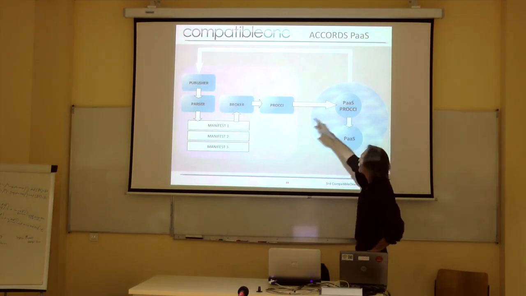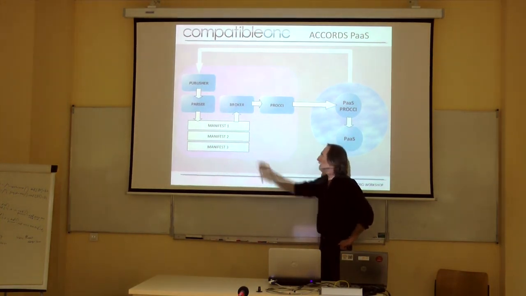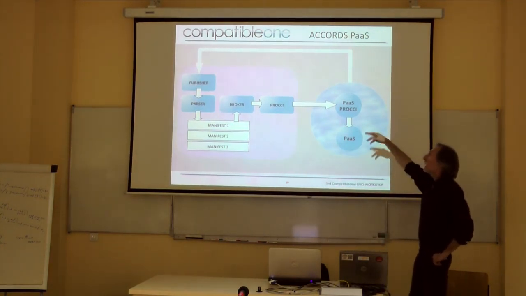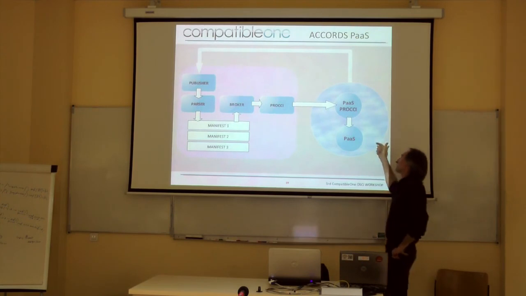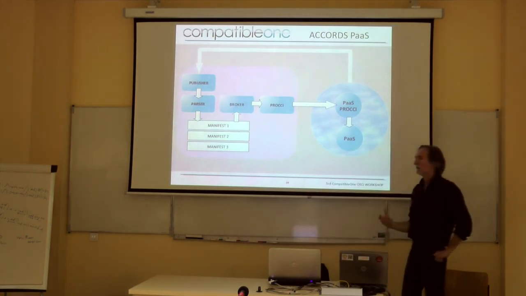It will publish and pass its resource manifests and its service manifests. Resource manifests are required such that the PaaS can allocate resource to satisfy requests for service. Manifest type 3, these manifests will describe the service itself.